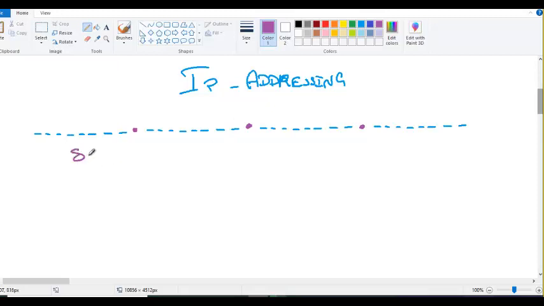So this is one 8-bit, and another 8-bit, another 8-bit, another 8-bit.